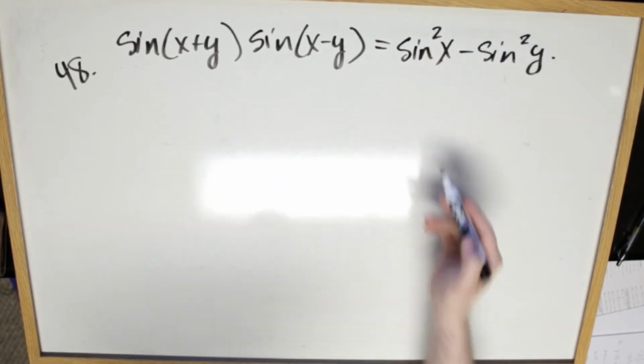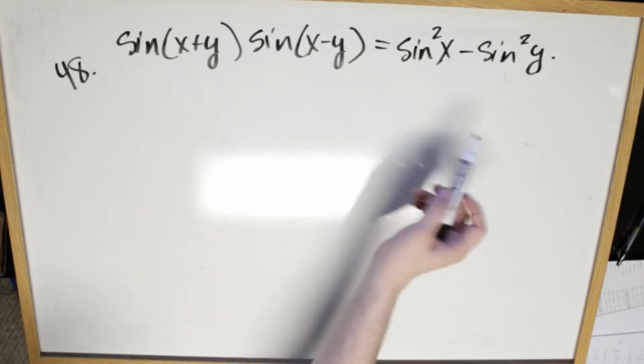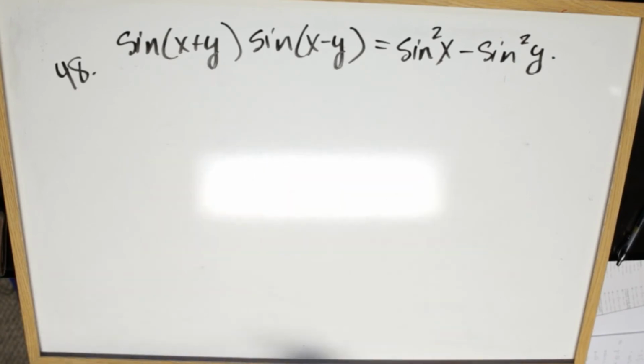Okay, so this is kind of what we need to do. We need to start here and go there. Again, remember, you can pick either side to work with. In this case, I'm just going to work with the left-hand side because we have the product formulas.